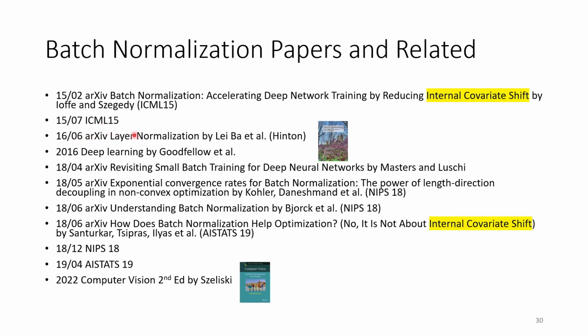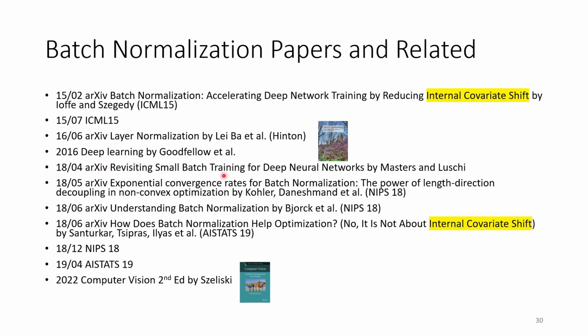One year later, the Hinton group published another paper called layer normalization, and I will show you what the difference is later. And in 2016, our reference book was published. And in 2018, there are 3 papers released almost at the same time.